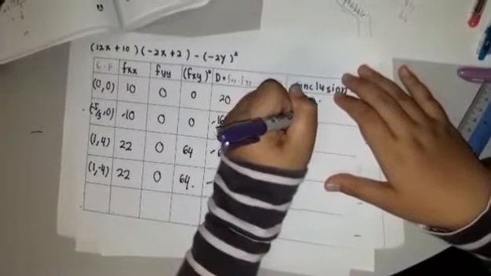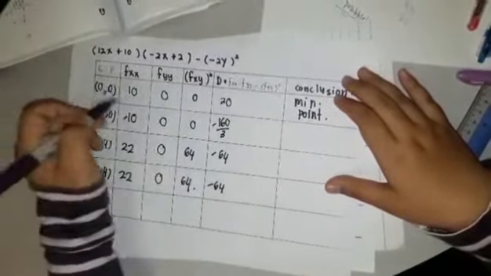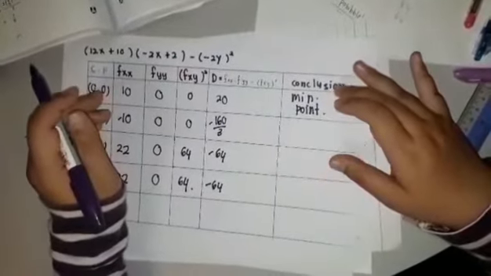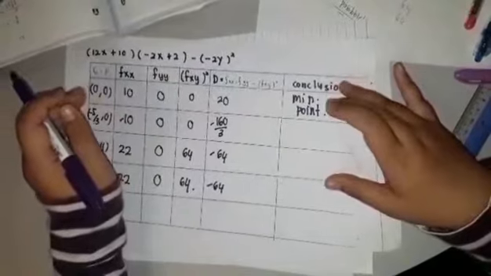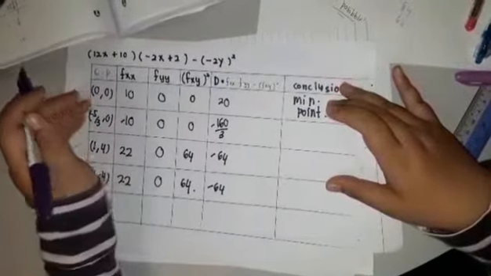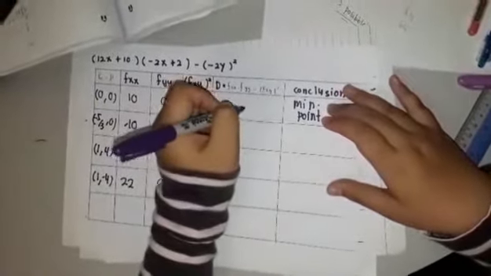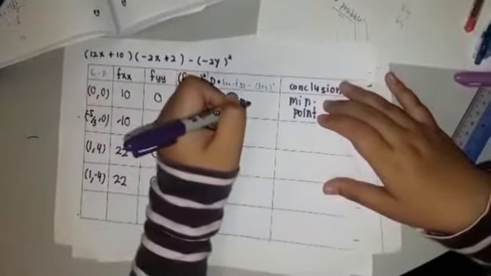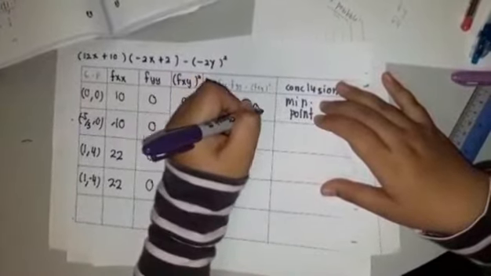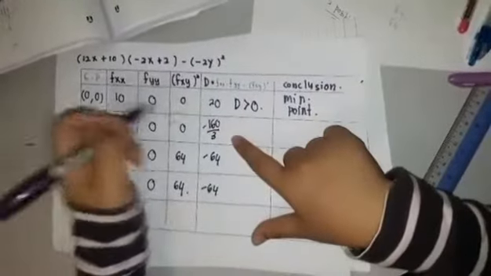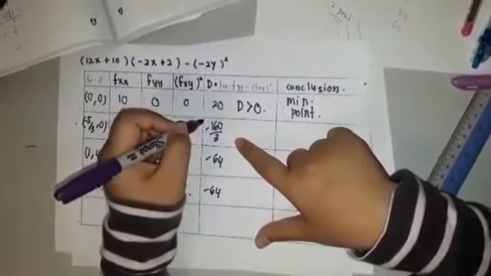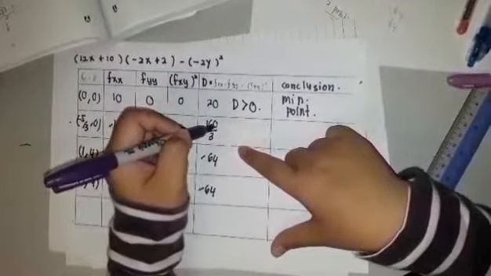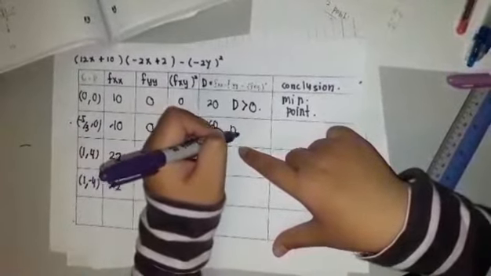But if fxx is negative, the conclusion will be a maximum point. So that means D is greater than 0. And this one for D, the answer is negative. So that means D is less than 0.